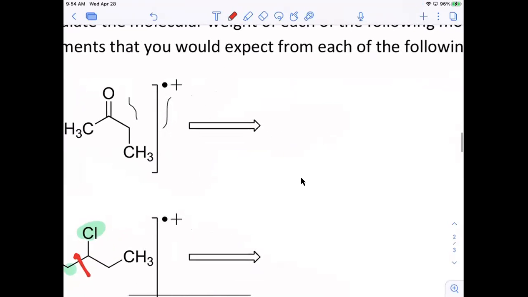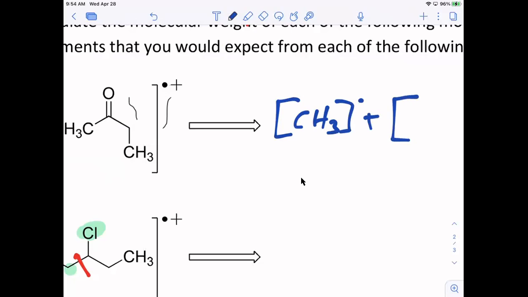So you ended up with these 2 fragments right here, right? CH3, we're gonna make that the radical, plus we'll make that the cation. All right. Good.